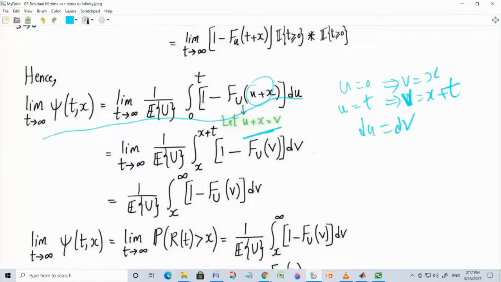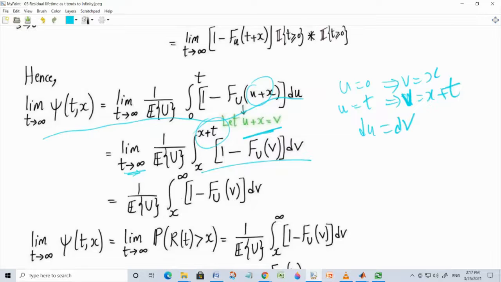So again, it's just a conventional change of variables, and you get this integral here. Now you can apply the limit as t goes to infinity, and it will make this other limit of integration infinity.